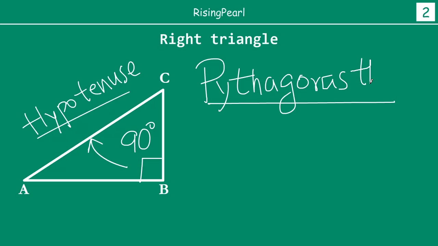And we have seen the actual proof of Pythagoras theorem many times. So Pythagoras theorem states that the hypotenuse square, which is AC square in our triangle, AC is the hypotenuse, is the sum of squares of other two sides. So if this is hypotenuse, the other two sides are AB and BC, right?